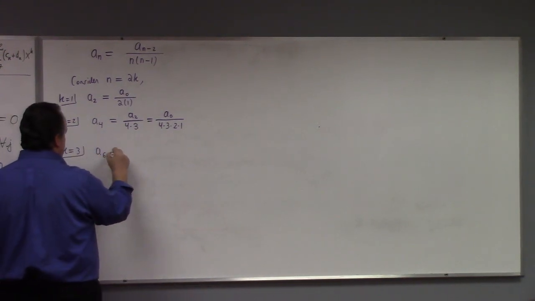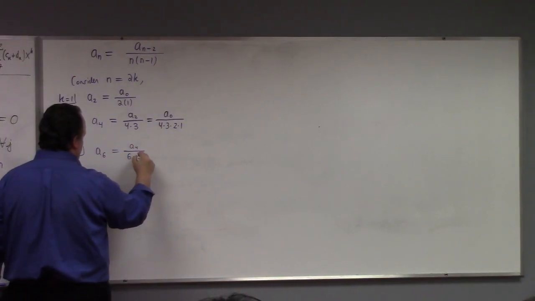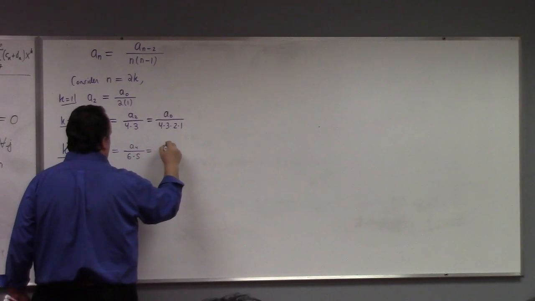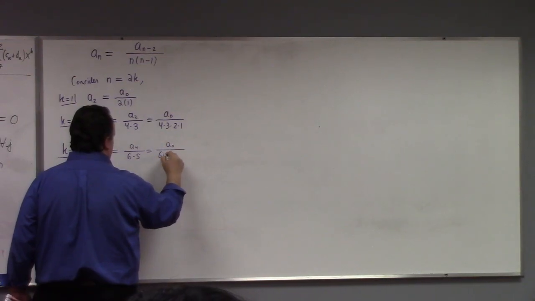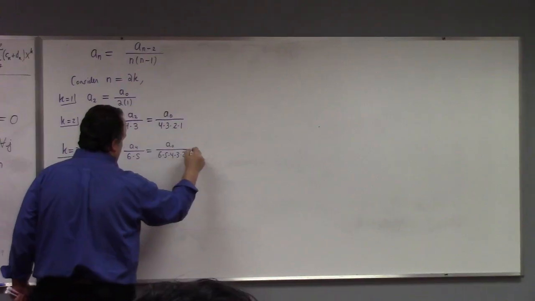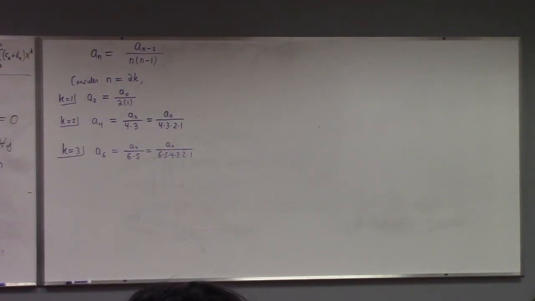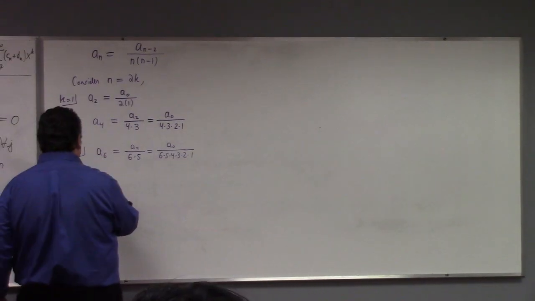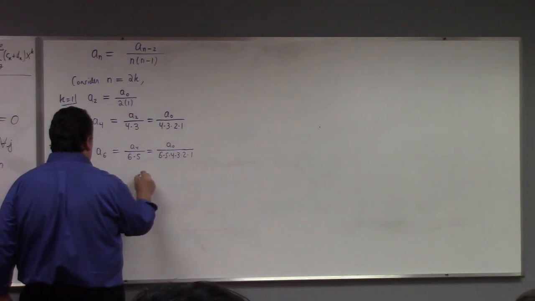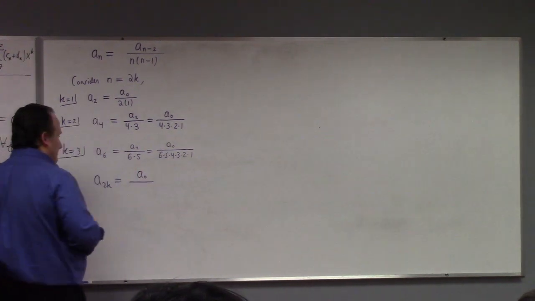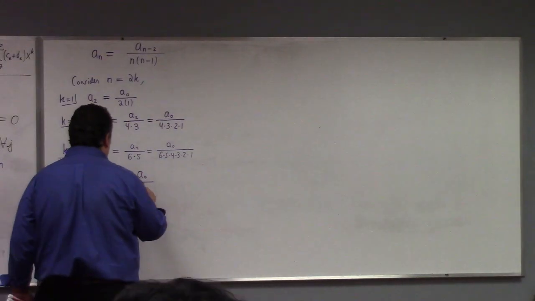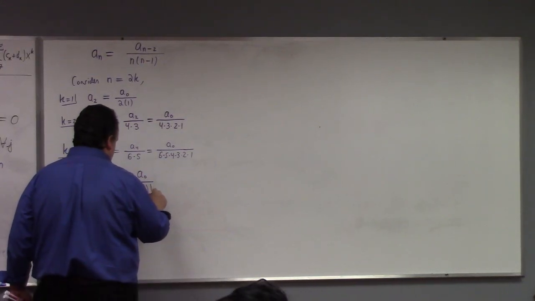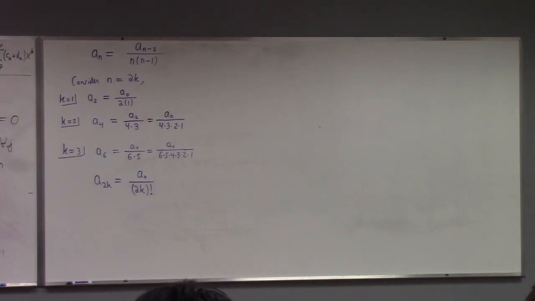We have a_6 is a_4 over 6 times 5, which, by the way, is a_0 over 6 times 5 times 4 times 3 times 2 times 1. Do we see the pattern? You tell me the pattern. a_{2k} is equal to a_0 over what? 2k factorial. Yeah, 2k factorial.